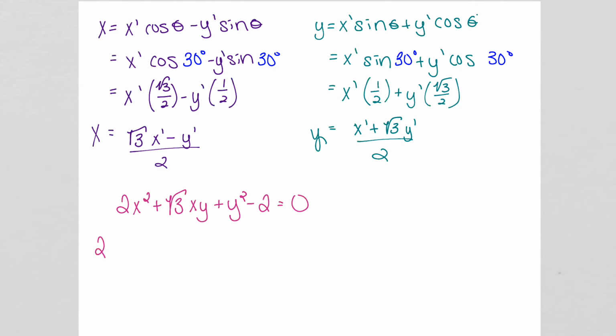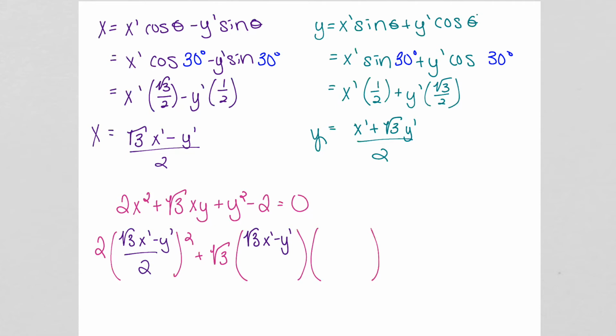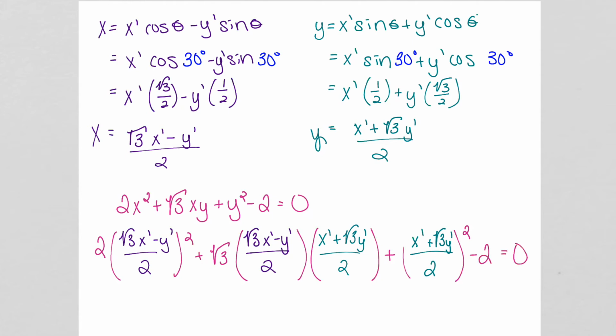So we've got 2 times x squared, plus the square root of 3 times x times y, plus y squared, minus 2 equals 0.